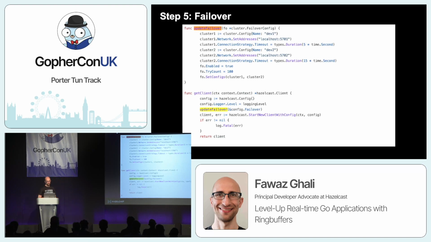Now, a very important topic when you deal with Ringbuffer is serialization, because you don't want to just store simple types in your Ringbuffer, right? Sometimes you need to have complex structures in your Ringbuffer. Those who have worked with complex structures know how hard it is to do serialization.